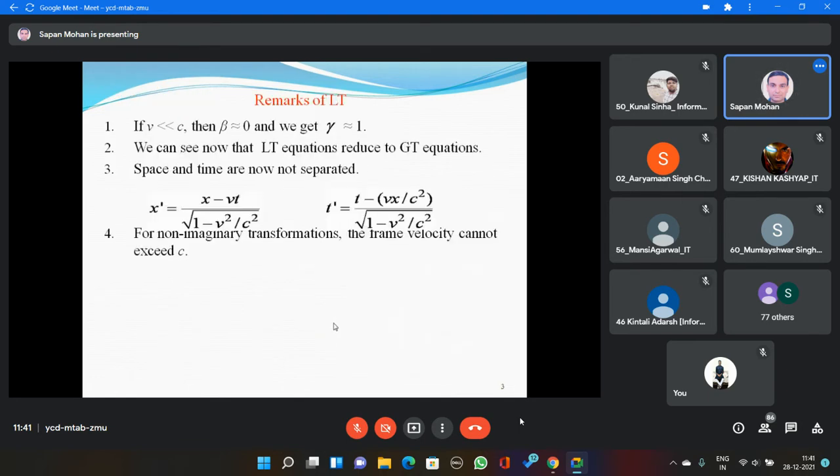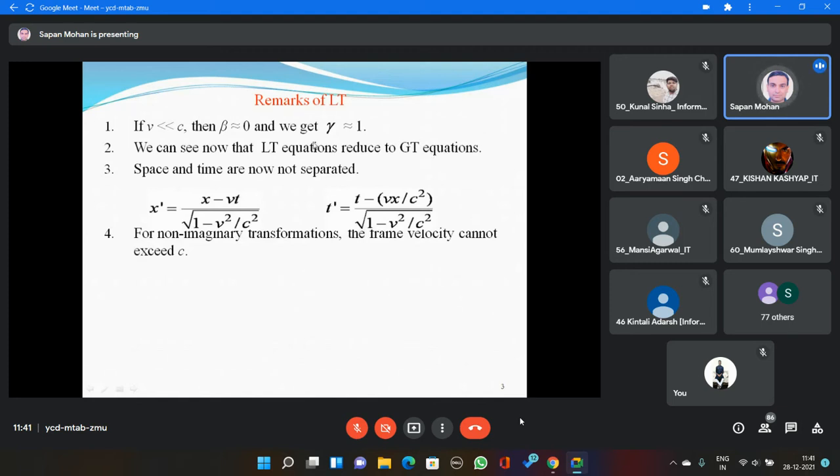So this is a remark we have seen here. If v is very much less than c, this is our classical case. Beta is almost 0, then gamma is equal to 1. So we can see that the Lorentz transformation reduces to the Galilean transformation.